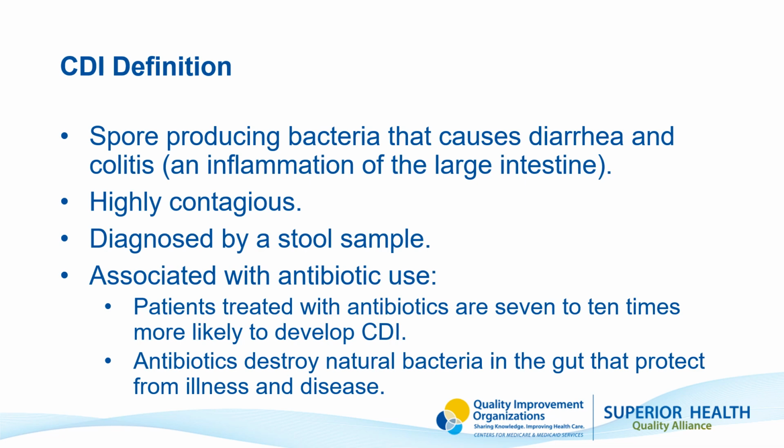Patients treated with antibiotics are 7 to 10 times more likely to develop a CDI infection. That is because antibiotics destroy the helpful bacteria in our guts that help keep us healthy. That is why it's so important not to take antibiotics for infections such as colds and other viral illnesses.